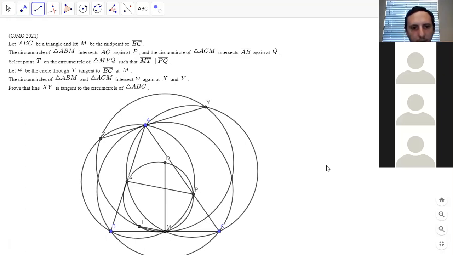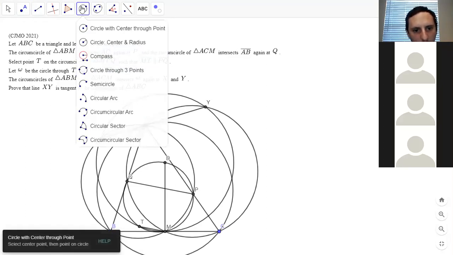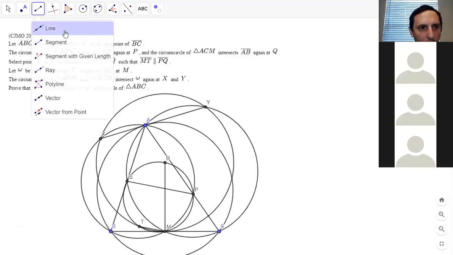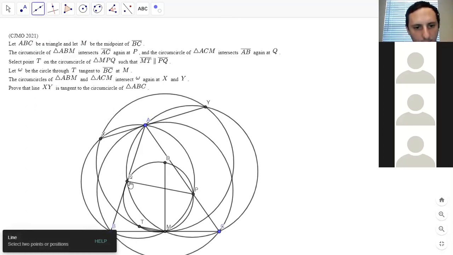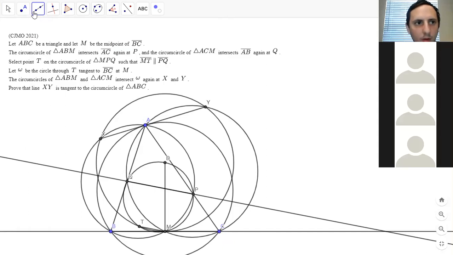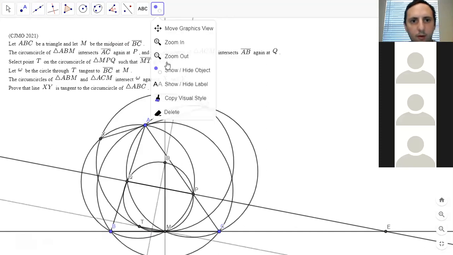We want to show that DM is an angle bisector. Can you let PQ and BC intersect? There we go.